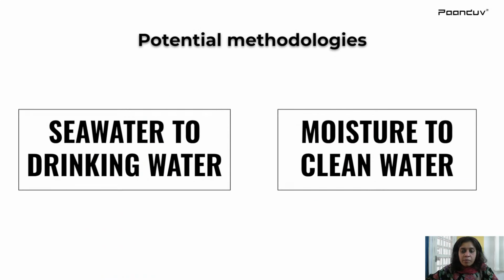Now, there can be potential methodologies which can address the access to clean water, which is seawater to drinking water conversion and moisture to clean water conversion. These are very interesting topics which are highly in focus right now, and some of the companies are also working in these aspects, and this we will cover in the next webinar.